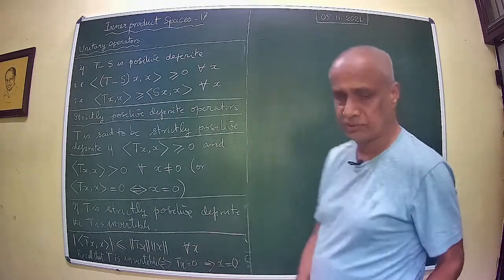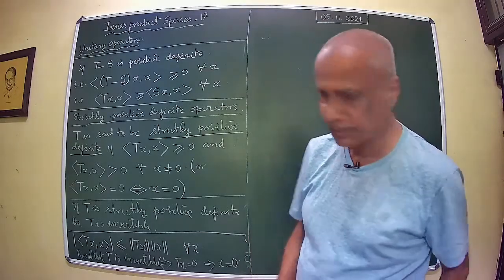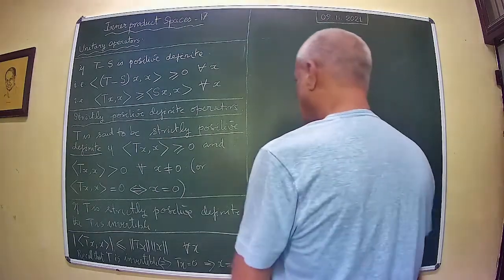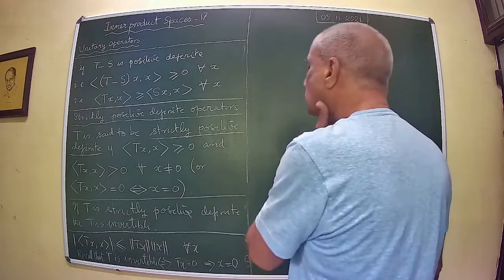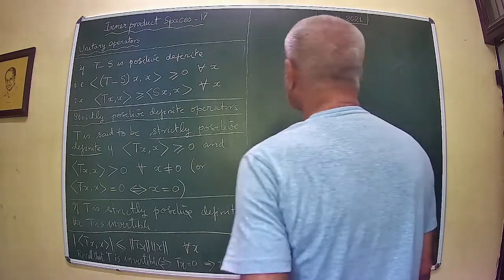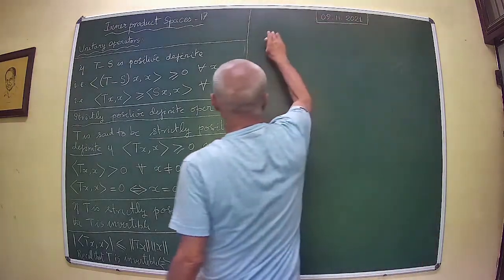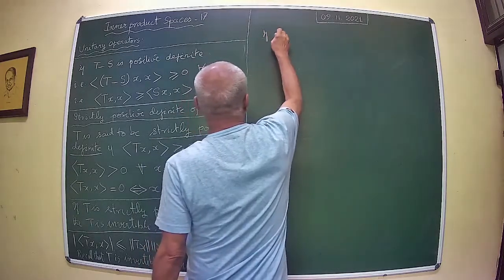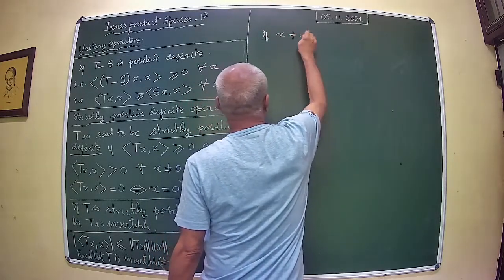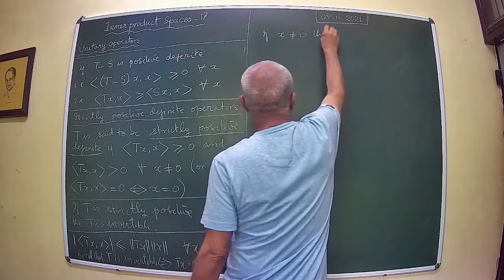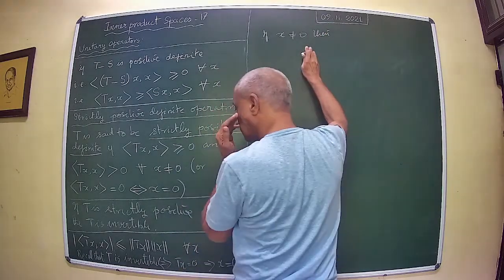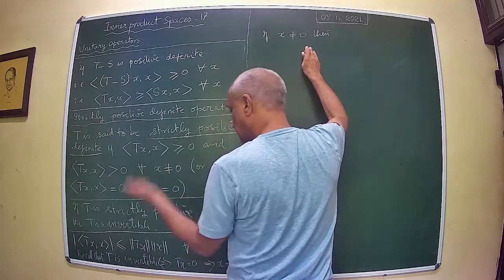That means we have to prove Tx equal to 0 implies x equal to 0. See, if x is not equal to 0, then what do we have?